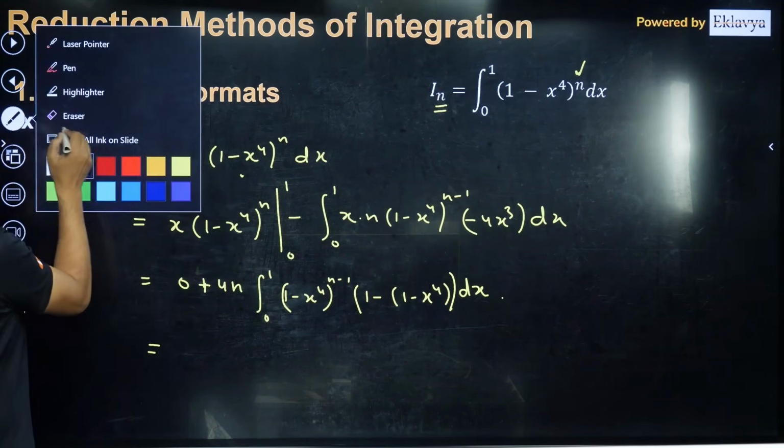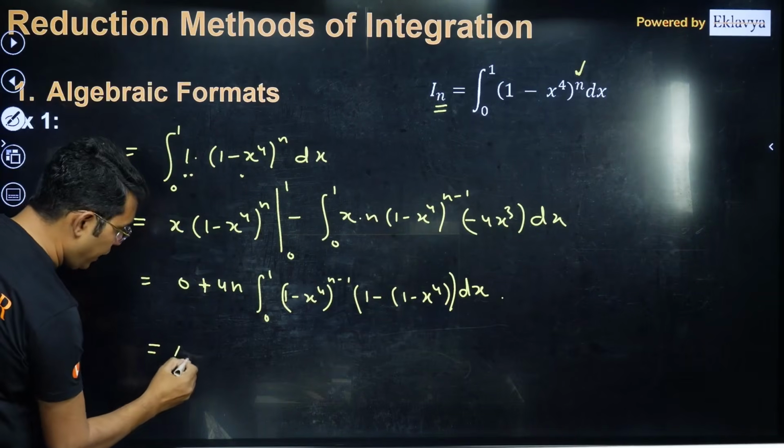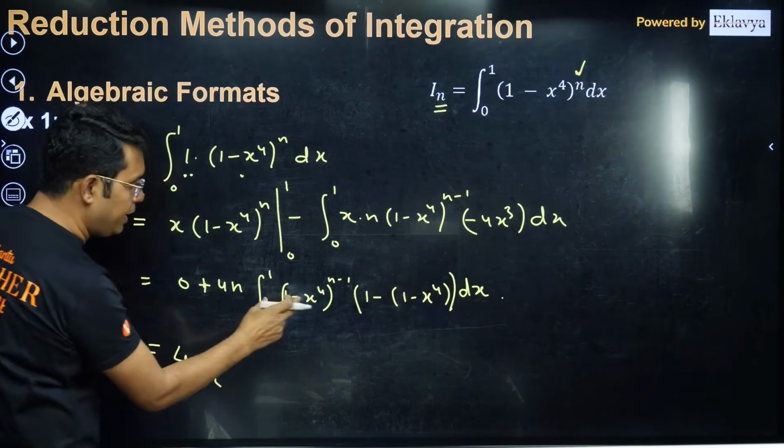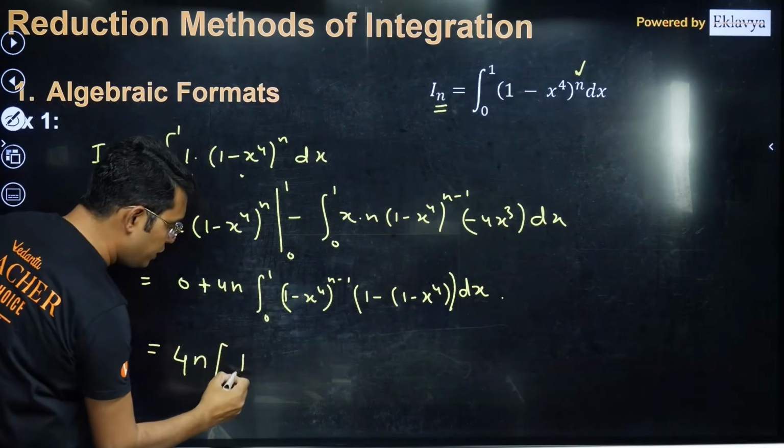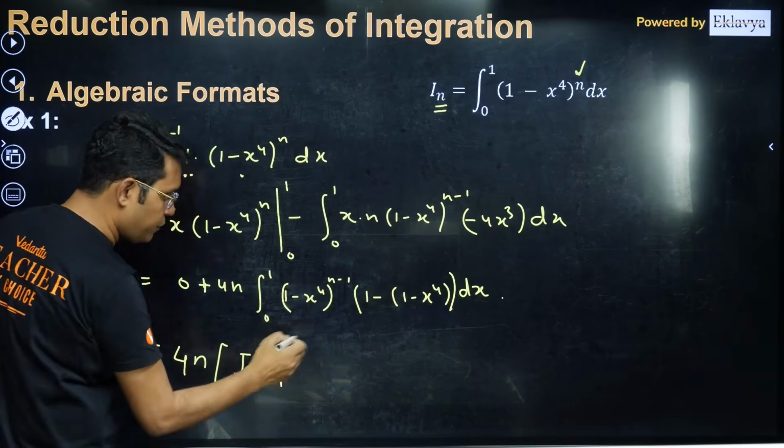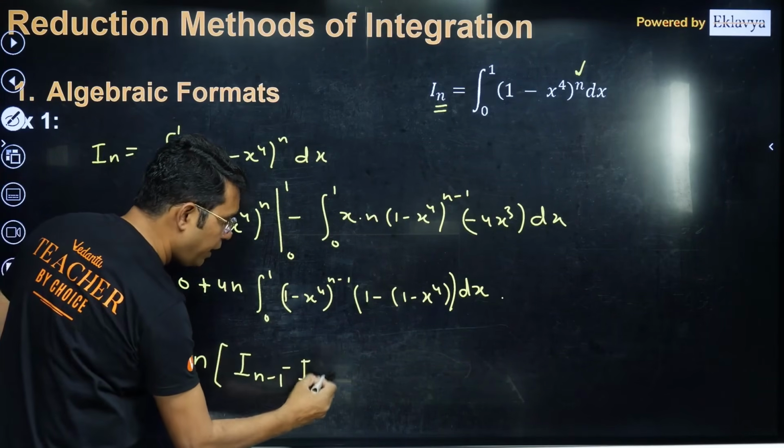If you multiply this bracket with 1, the first thing can be written as Iₙ₋₁ and then minus Iₙ.